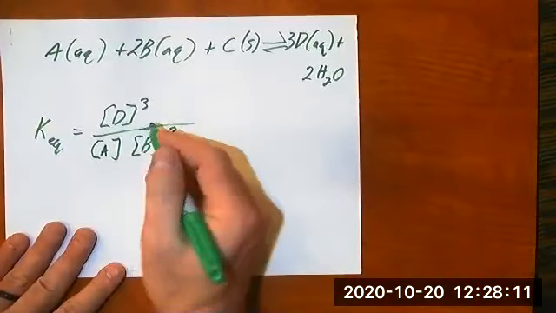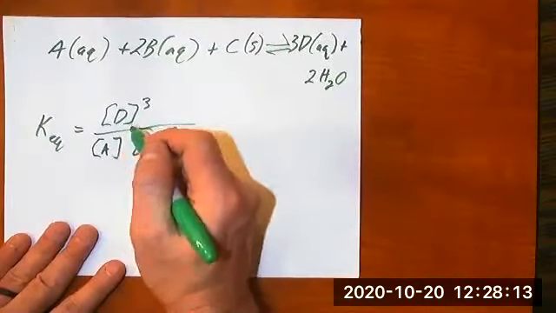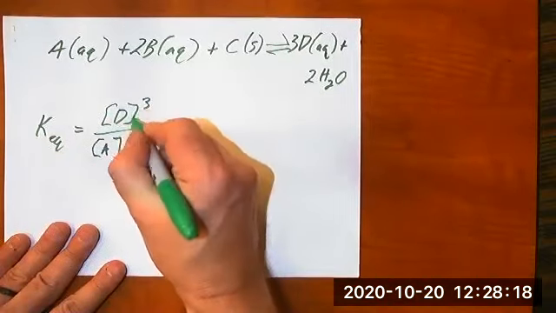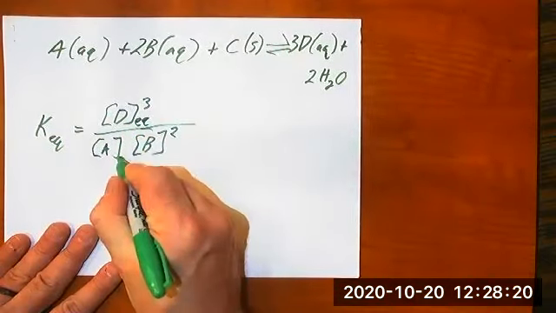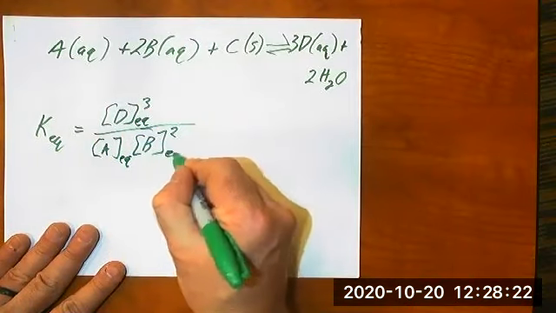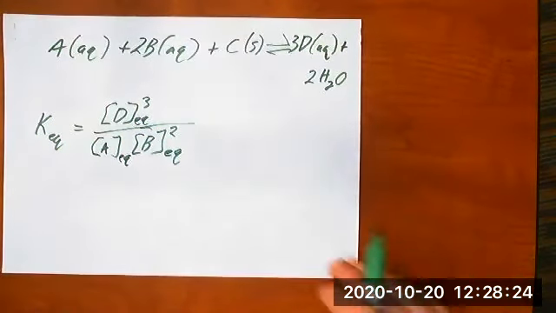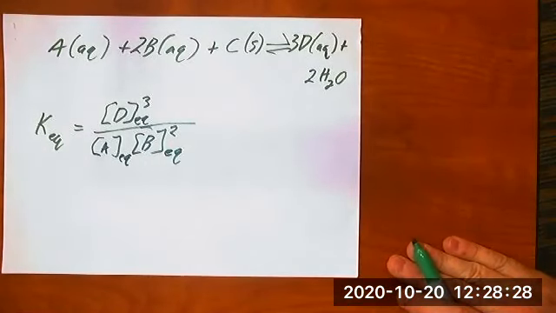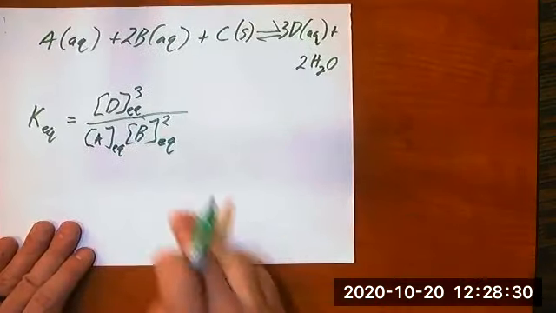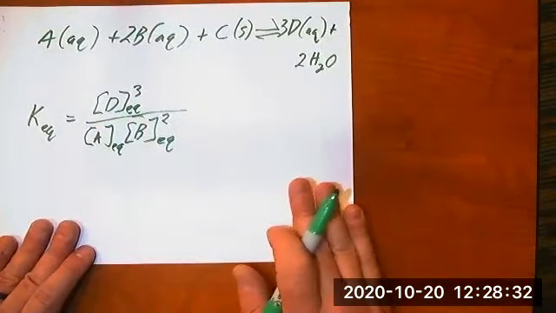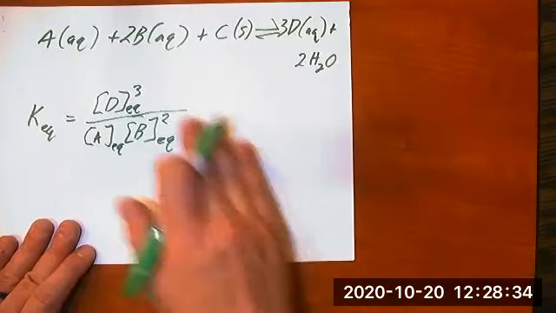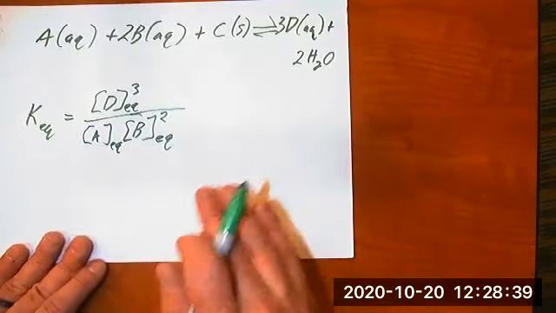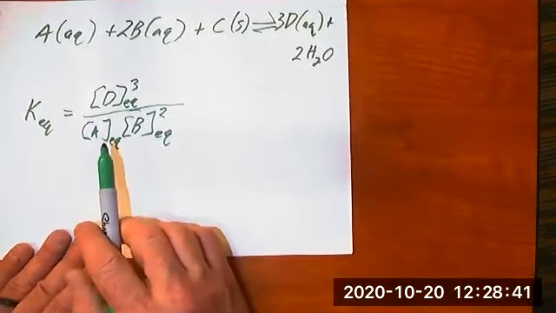So the one thing I'm going to do to refine this, just as a reminder, is write an EQ subscript by each of these to remind us that this relationship holds only once you have reached equilibrium. Okay, so if you don't have the EQs in here, then strictly speaking, what we would have here is a reaction quotient rather than the equilibrium constant.